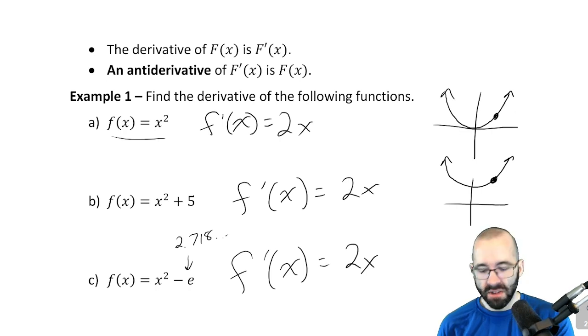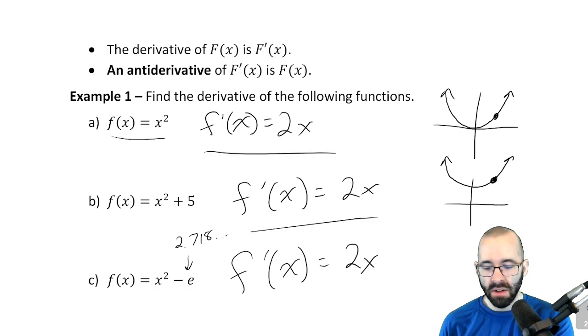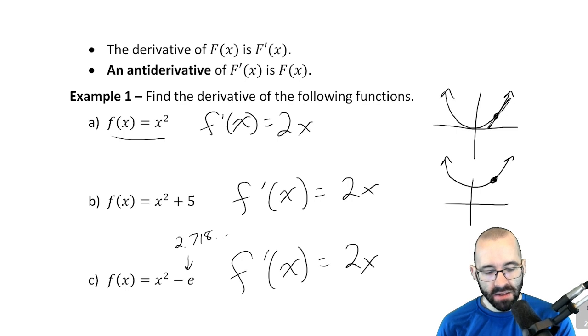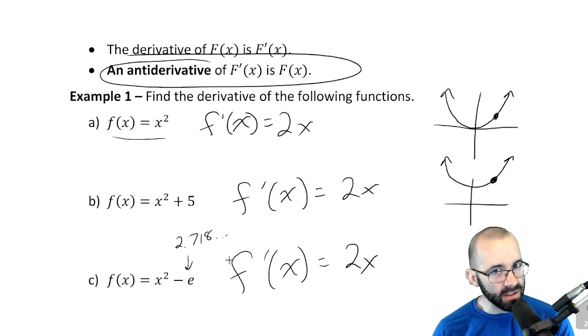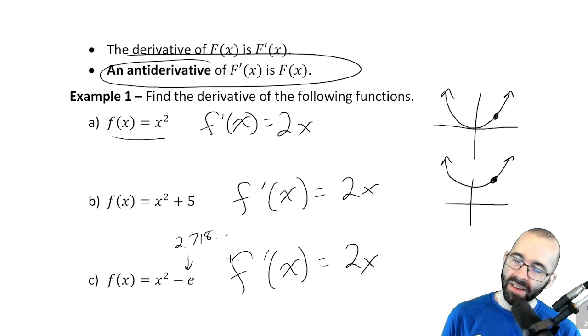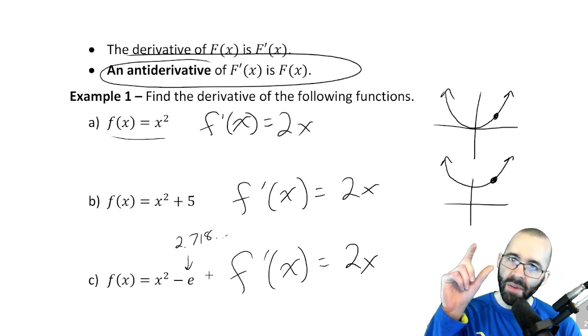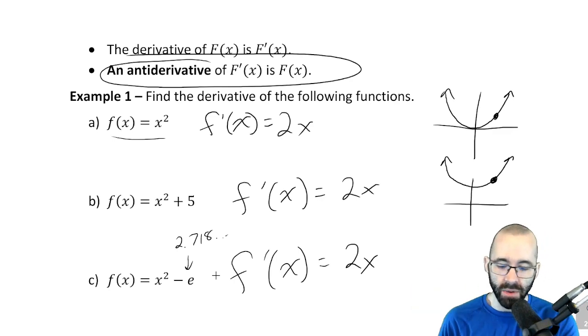But the derivatives are the same, which means the slopes are the same. And this is important because of this wording here. If there are infinitely many functions that have the same derivative, that means that each derivative has infinitely many antiderivatives.